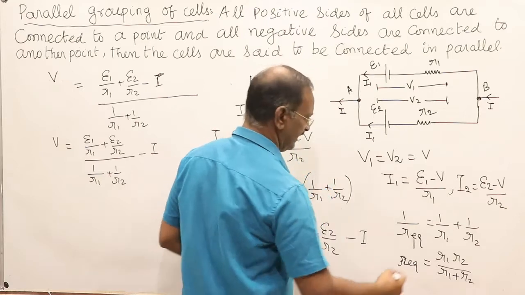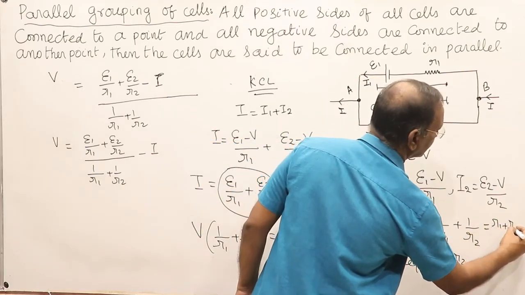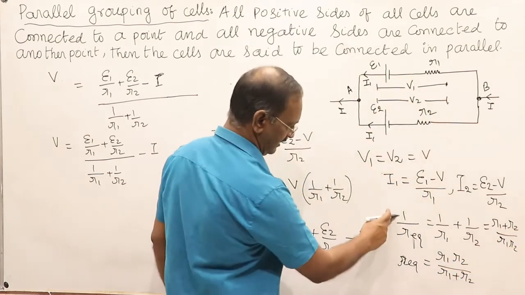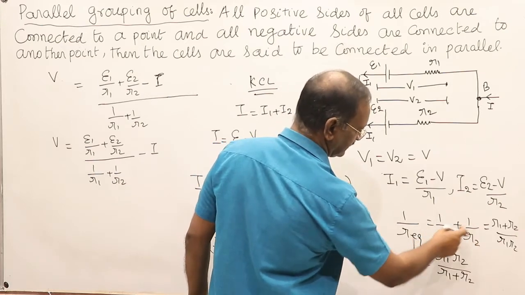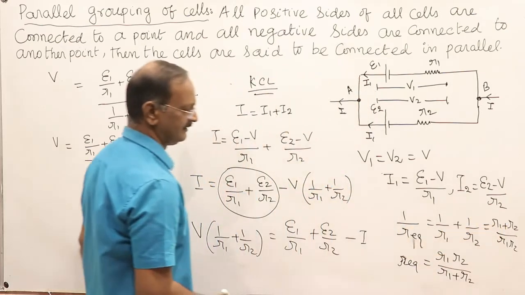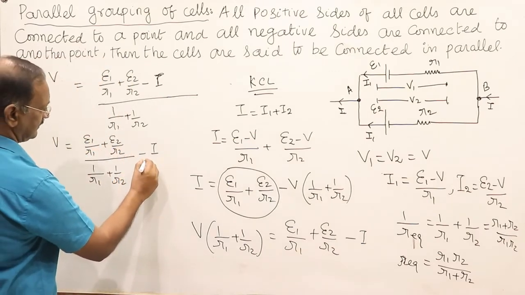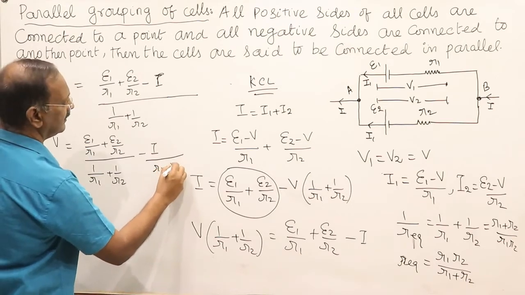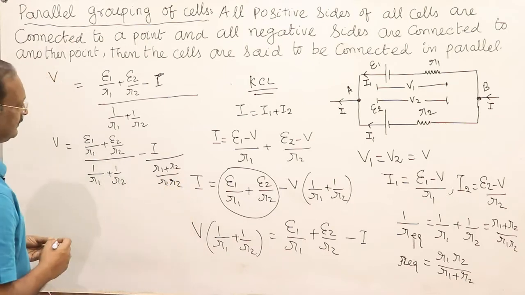1 by R1 plus 1 by R2 can be written as R1 plus R2 by R1 R2. So R equivalent is equal to R1 R2 by R1 plus R2.